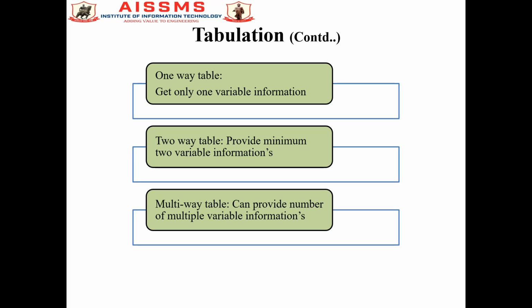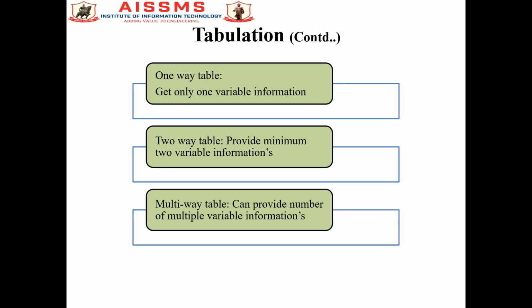There are different types of tables. One-way table is there, two-way table and multi-way table is there. One-way table gets only one variable information. In two-way table we can get minimum two variables information.